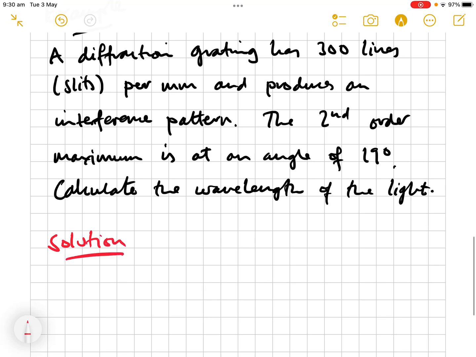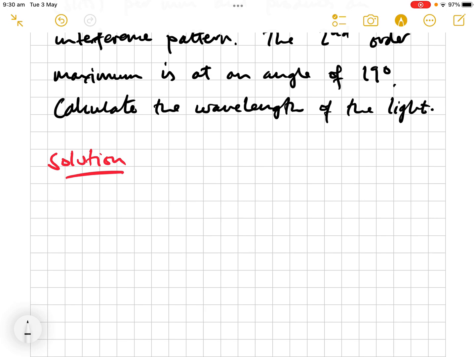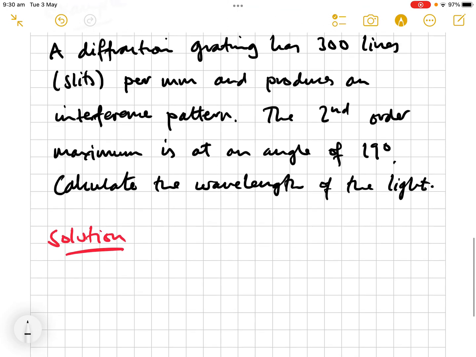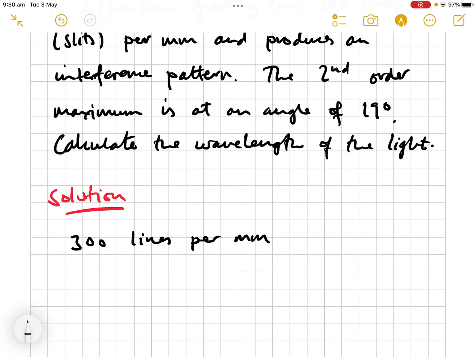Now, it's quite common in most of these problems to have to get d sorted first. So you're told that we have 300 lines per millimetre. So the first thing you've got to do is to get that into how many lines per metre.